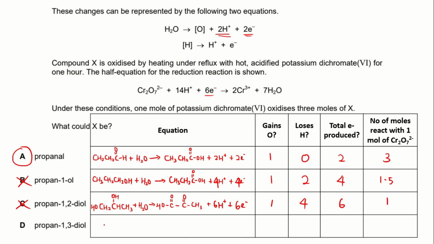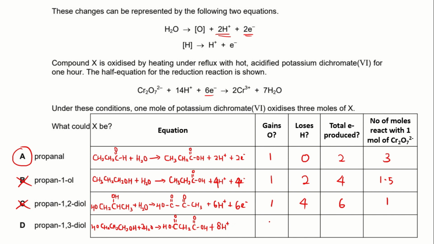The last one, propan-1,3-diol. Oxidation of propan-1,3-diol gains 2 oxygen and loses 4 hydrogen, together with 4 more hydrogen from the water, so 8 hydrogen ions will be produced.